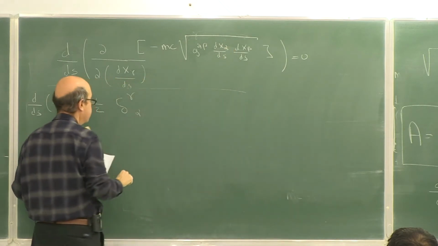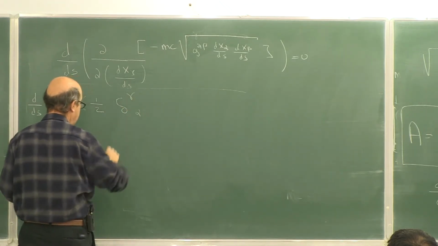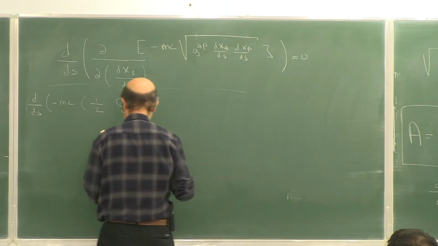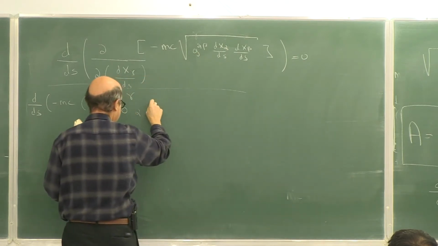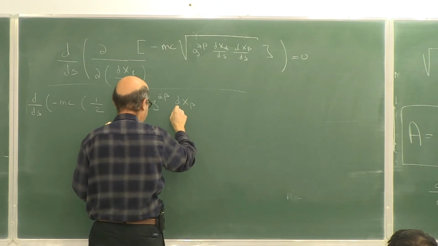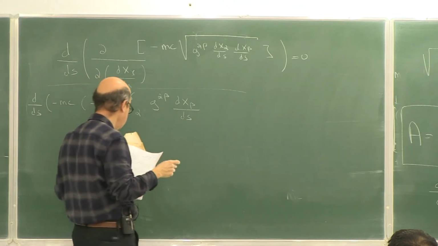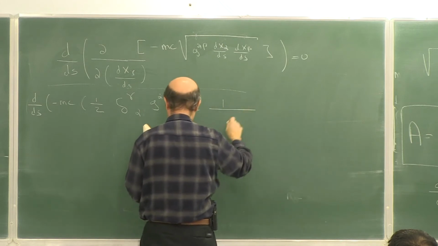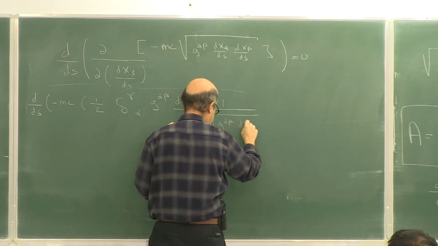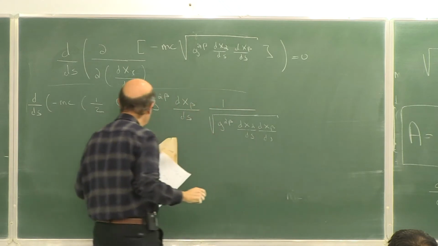Gamma is the upstairs index and alpha is the downstairs index. Then what are the leftover terms? That is g alpha beta dx beta over ds. Then you subtract 1 from the exponent of the square root, that will be minus 1 over 2, and this term will be g alpha beta dx alpha over ds dx beta over ds. So this is the derivative of the first term.